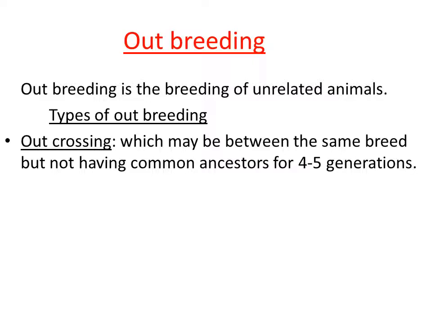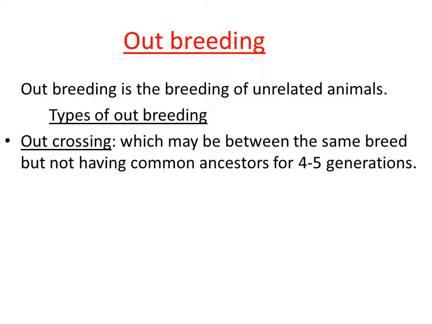That means they do not have common ancestors for 4 to 5 generations, so they are unrelated animals. Those two superior parents are mated with each other in order to get superior progeny. Clear? So the superior progeny is produced as a result of crossing between unrelated animals.